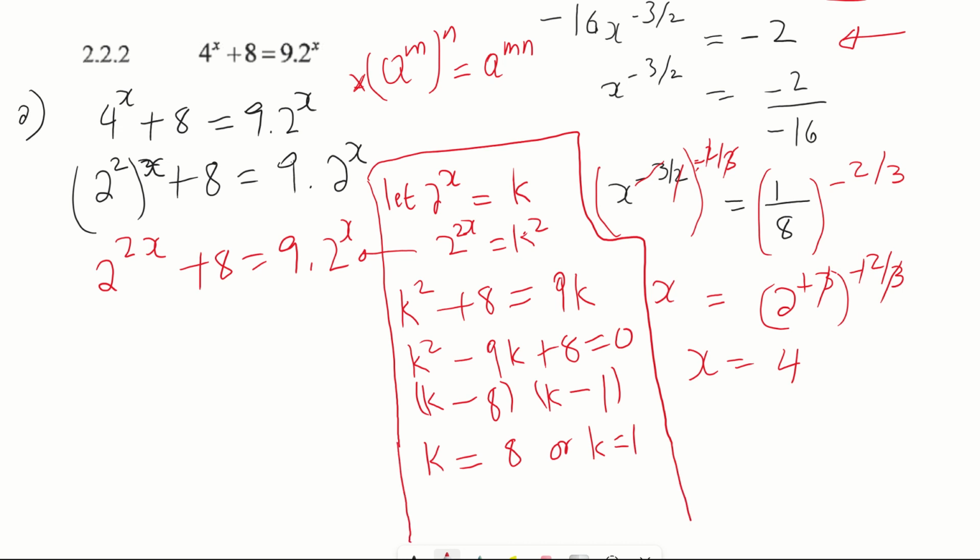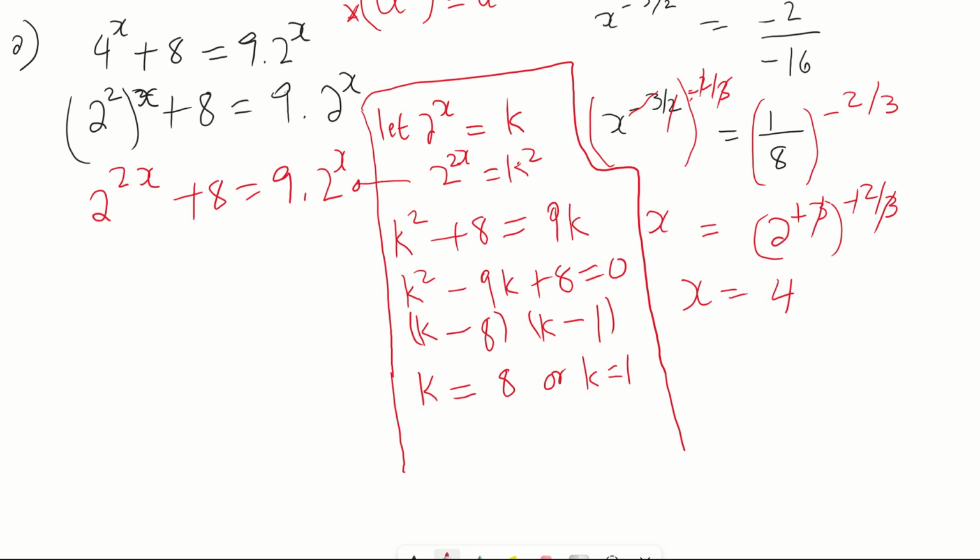Then I said, I was not asked to solve for k. It was just a way of helping me to solve. So I'm going to take the k and say I've got 2 to the power x is equal to 8, or 2 to the power x is equal to 1.